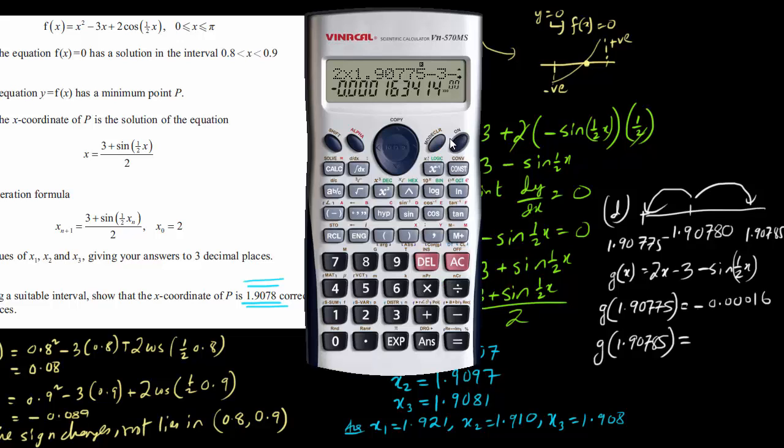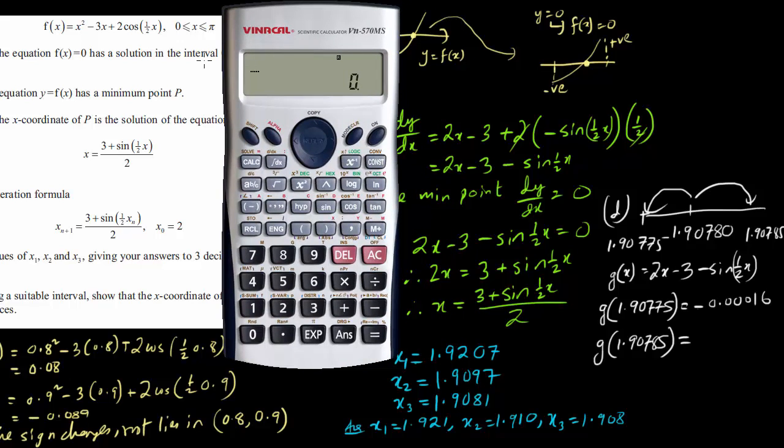So similarly, let's do this other calculation. 2 times 1.90785 minus 3 minus sine of 0.5 times 1.90785.